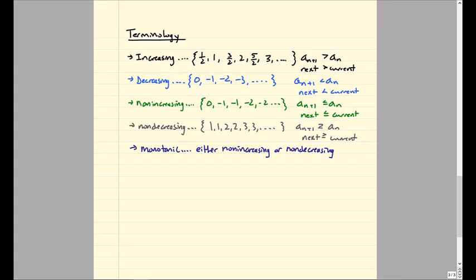So the terms could be equal, but basically the idea here is it moves in one direction. And it might sit on the same value for a couple terms, but then it moves off in one direction.